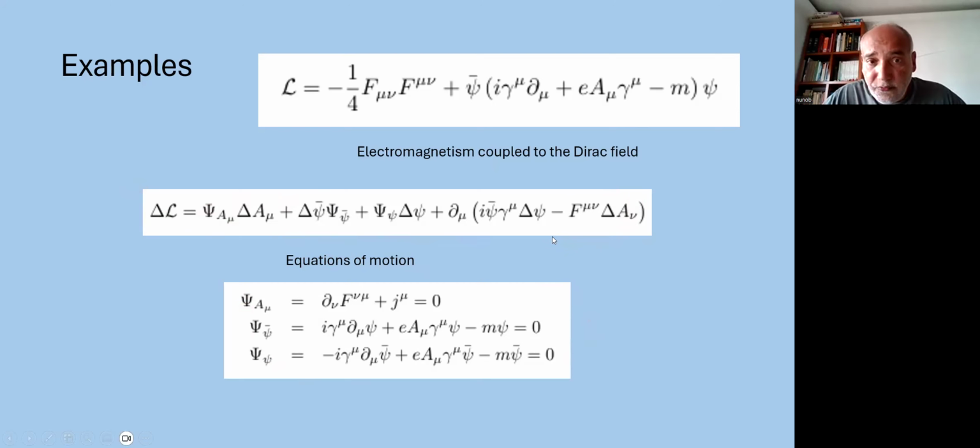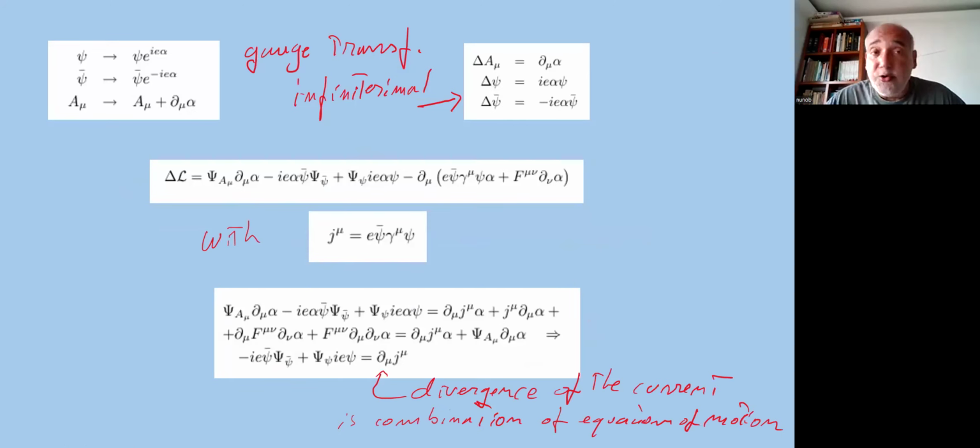And from this, you know that this Lagrangian is invariant under these gauge transformations, the standard gauge transformations for electromagnetism. You apply them in infinitesimal form, plug them in here, and then you get this equation, okay?